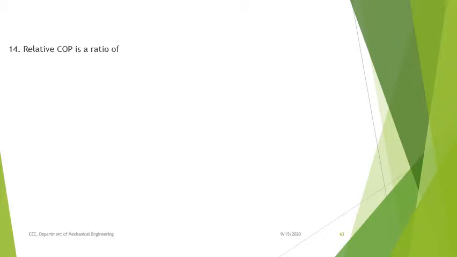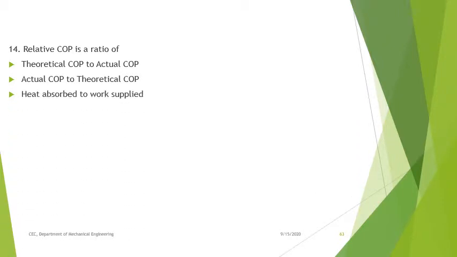Relative COP is a ratio of: theoretical COP to actual COP, actual COP to theoretical COP, heat absorbed to work supplied, or none of the above. Relative COP is a ratio of actual COP to theoretical COP.